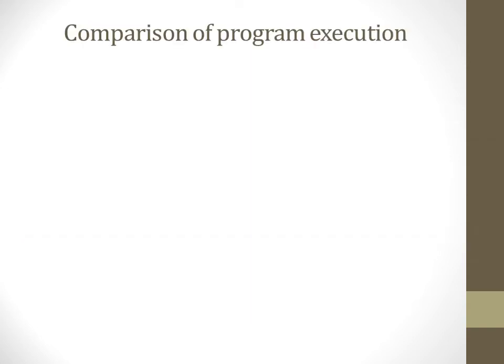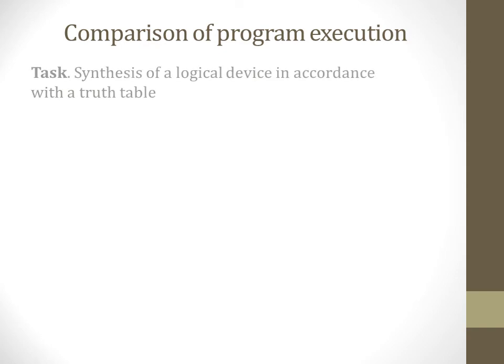So let's look at the programming language in the following example. It's necessary to program the operation of the logic device that performs the activation of the output contact or output relay element in accordance with the truth table.